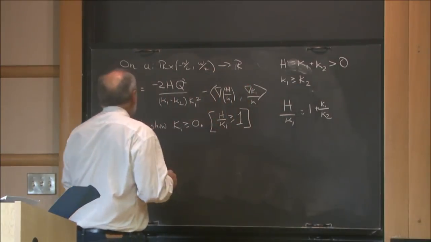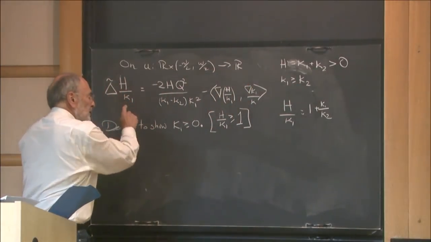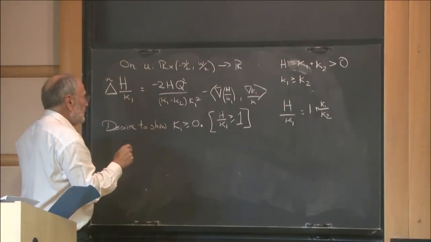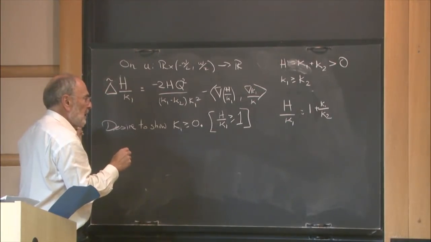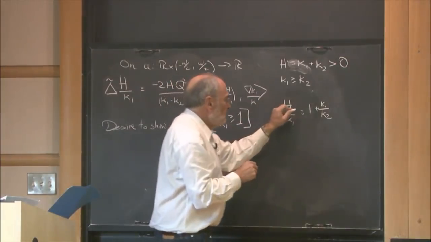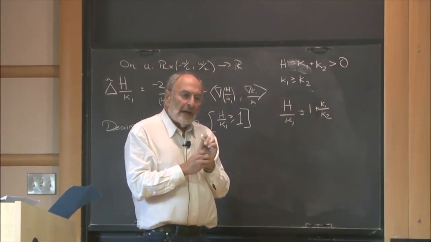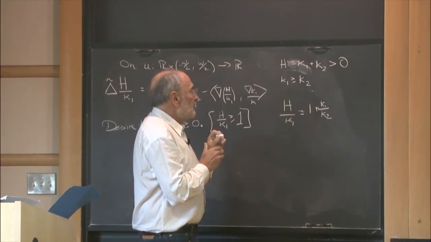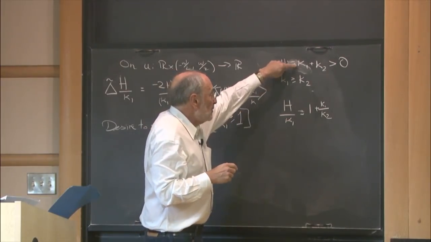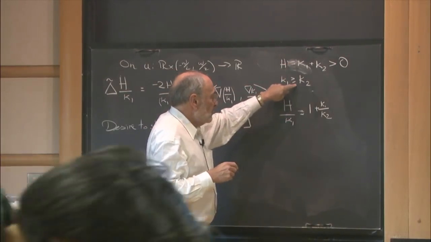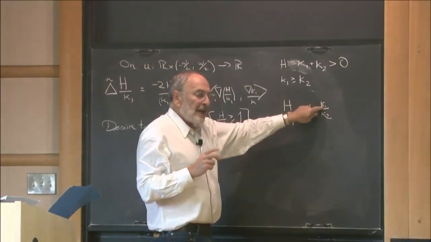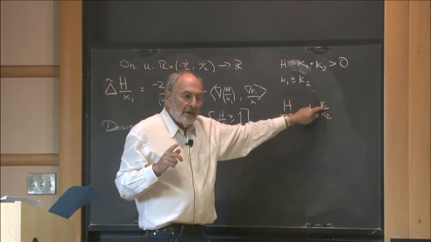We're going to look at this function H over K1, which is expressed somewhere. It's 1 plus K2 over K1. So in order to show the curvature is positive, since H is positive and the sum of these curvatures and K1 is bigger than K2, this is equivalent to showing that K2 is never negative.